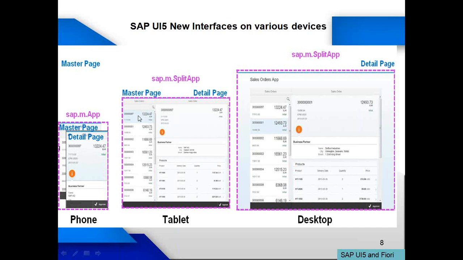When you click on a master data item, the item data is displayed in the right-hand side panel, so it fits the data accordingly. And if you see the same thing on desktop, it fits more data here. So the underlying thing is that the same application is doing all of this automatically.